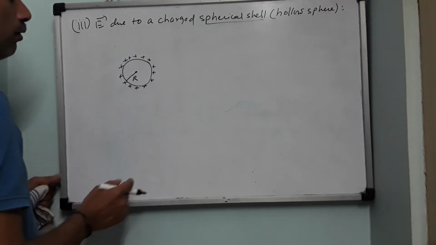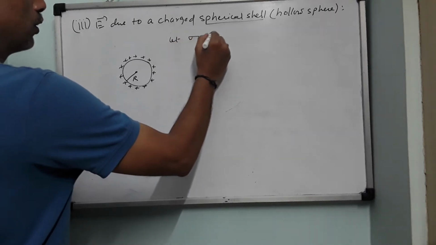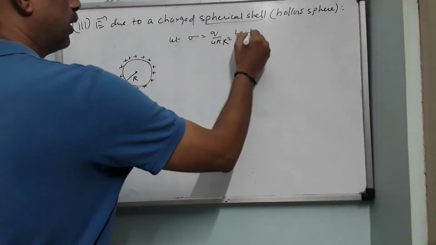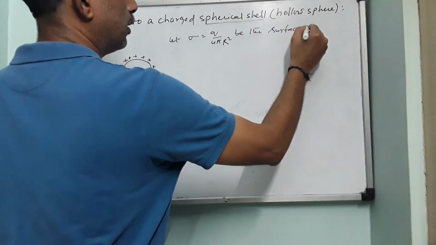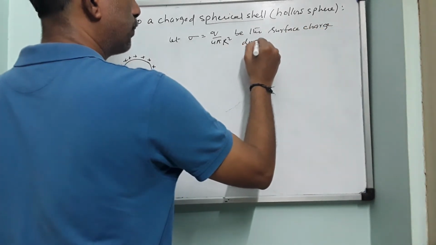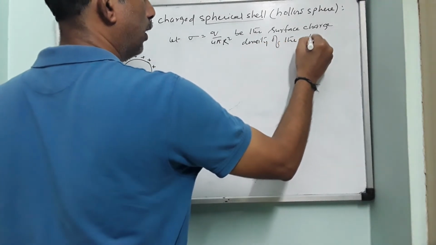Now let sigma equals q by 4 pi R square be the surface charge density of the charged shell.